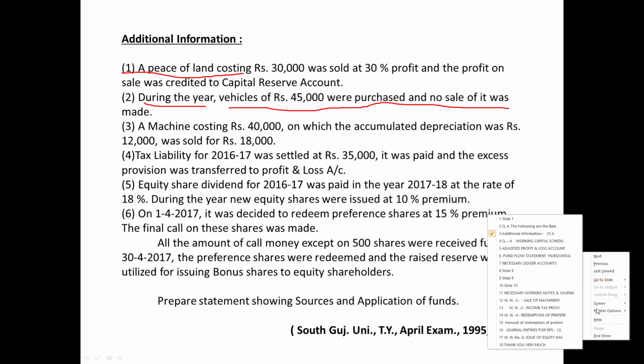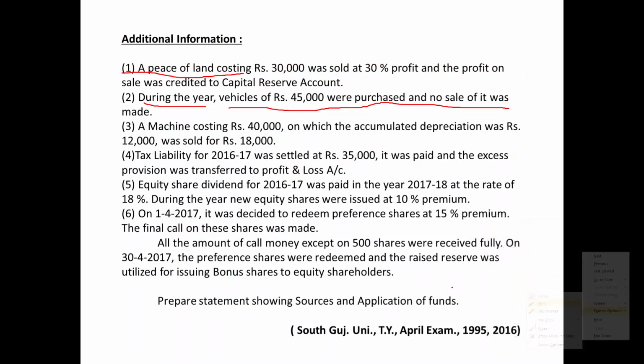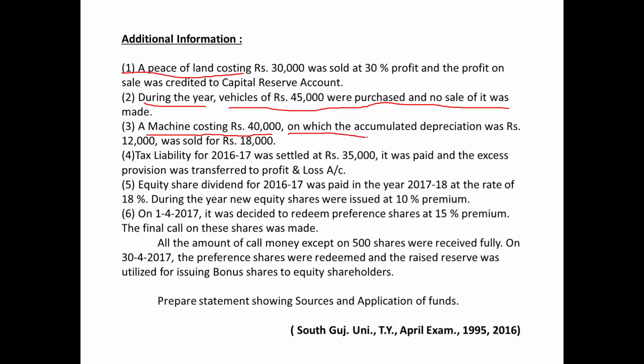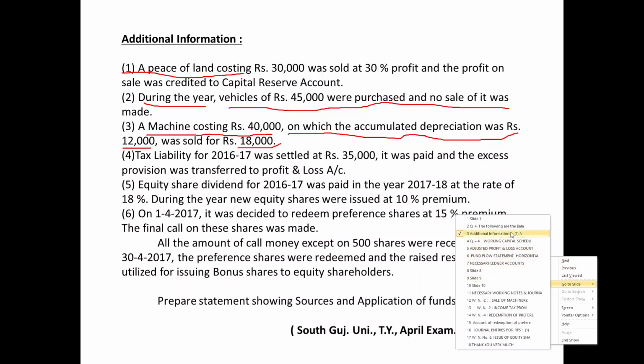Third point: a machine costing rupees 40,000, see the word costing, original cost, on which the accumulated depreciation was rupees 12,000, was sold for rupees 18,000. Let us verify the balance sheet.